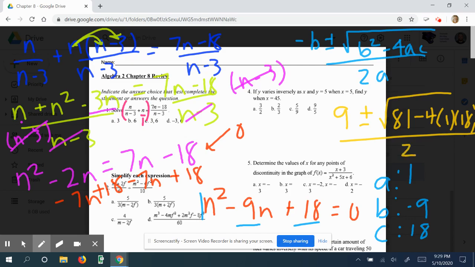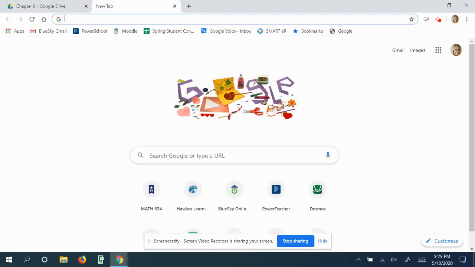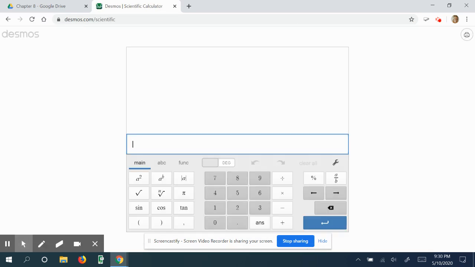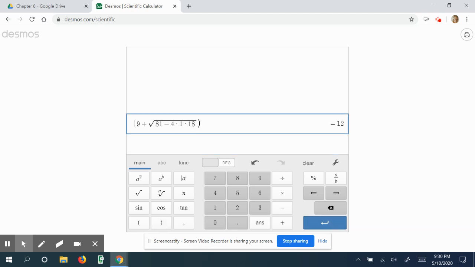And I'm not exactly sure what this is, so I can go use my technology. Go to Desmos. And so it's going to be 9 plus the square root of 81 minus 4 times 1 times 18. And I end up getting 12. And then I take that, or actually I can just do this, and then divide by 2.